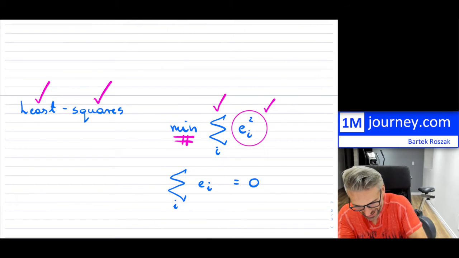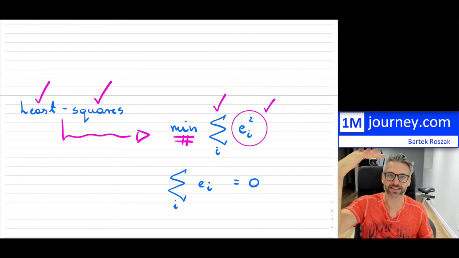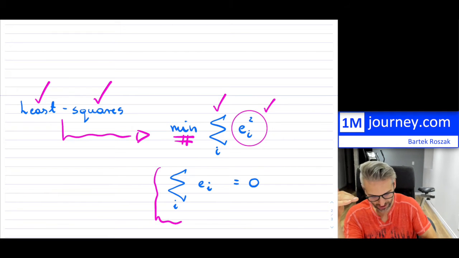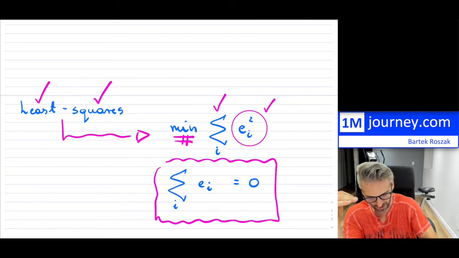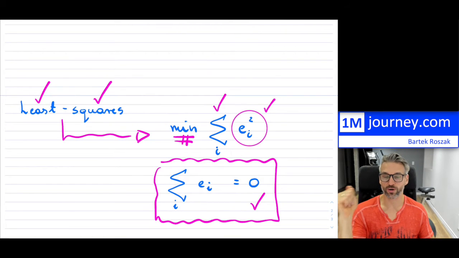That's what this is trying to minimize, but based on the assumption that your residual values, when you sum them up, are going to be equal to 0.